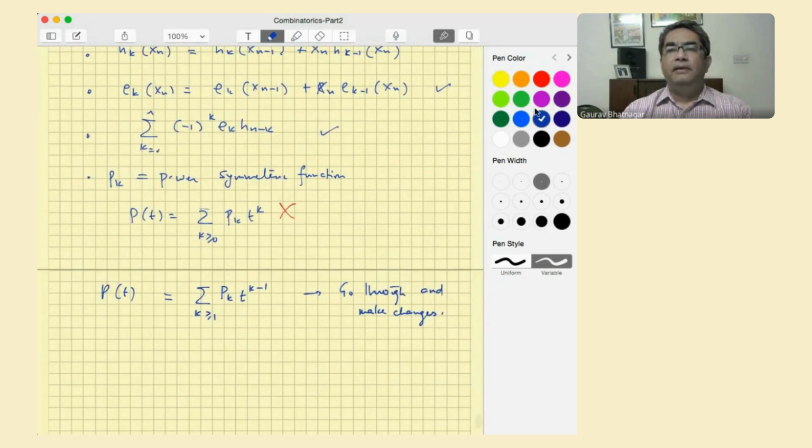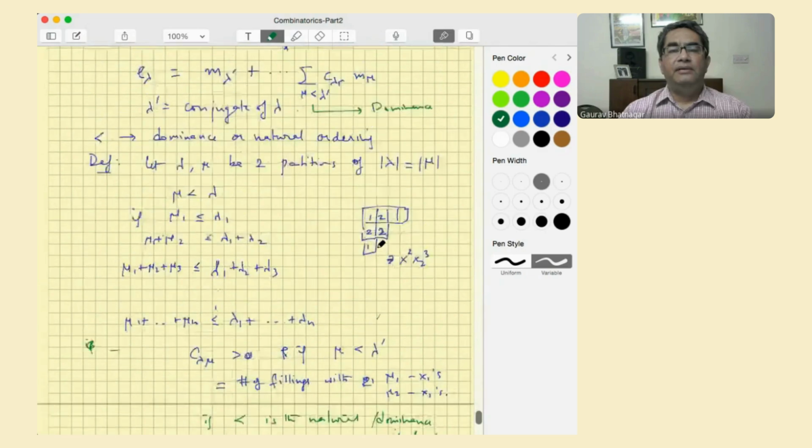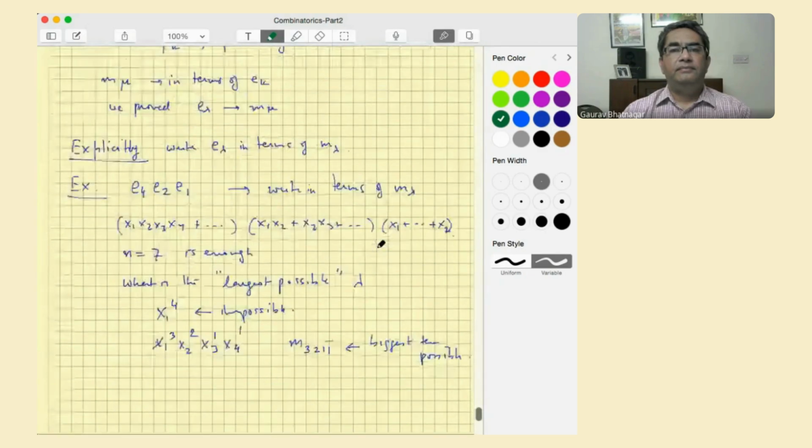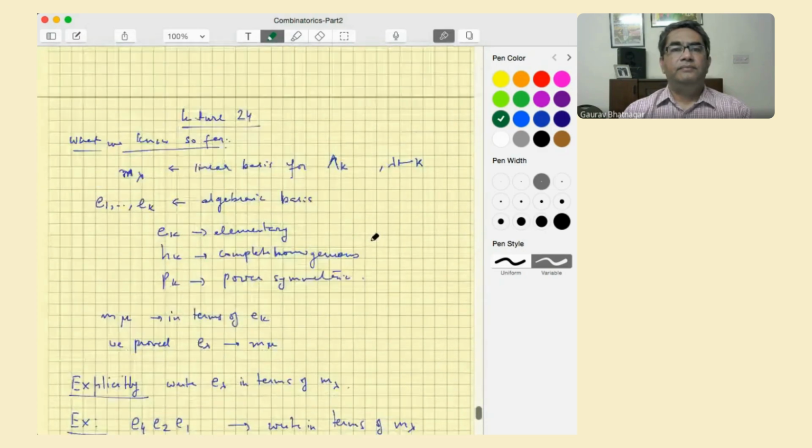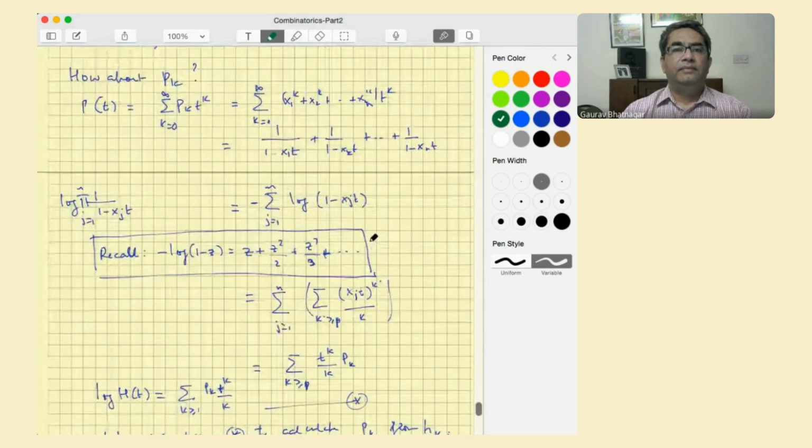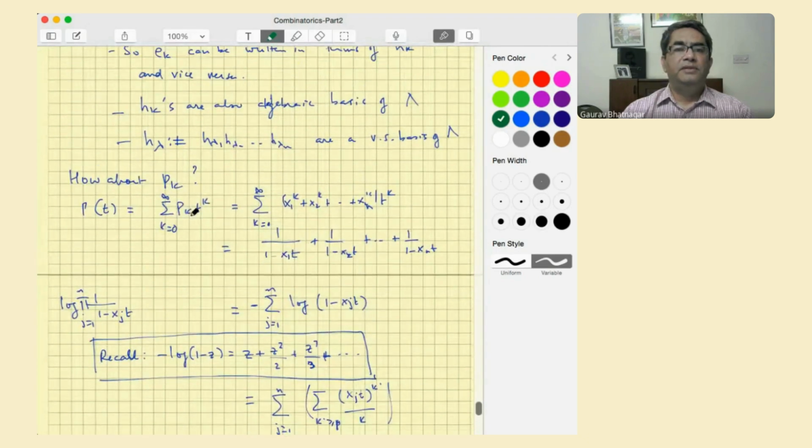And let me show you where the changes are. So this was the mistake. It should have been k equal to 1. And the rest will work out magically actually. Rest will be fine.